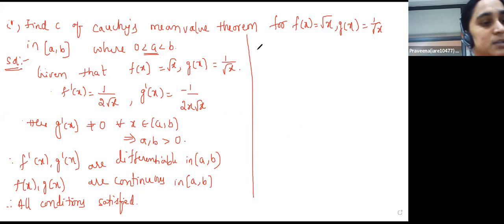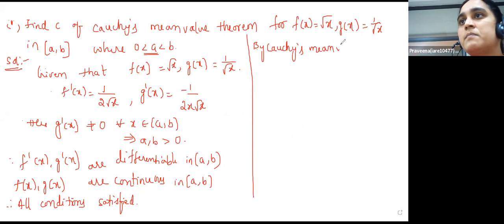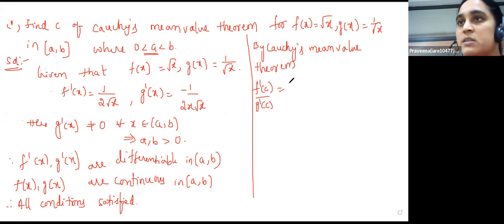All conditions are satisfied by Cauchy's mean value theorem. By Cauchy's mean value theorem, f dash of c by g dash of c is equal to, what is the formula of that? f of b minus f of a by g of b minus g of a.